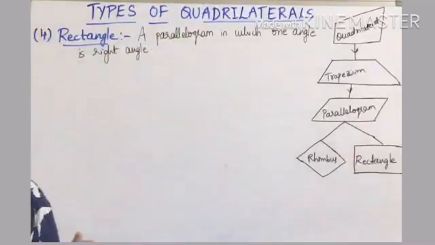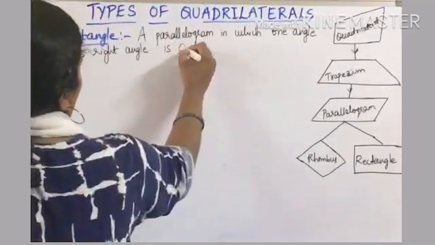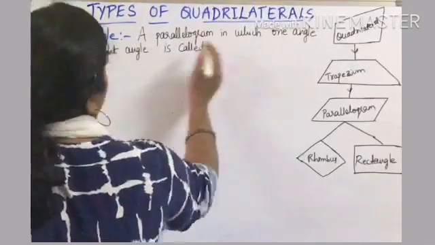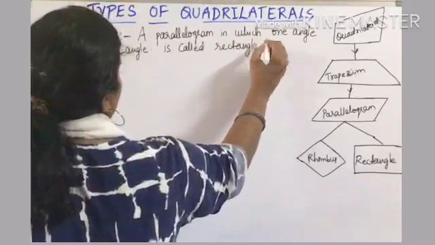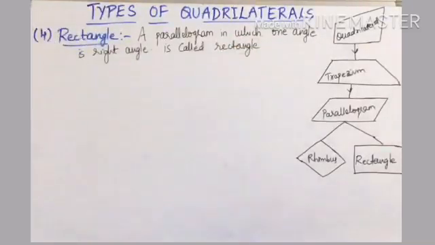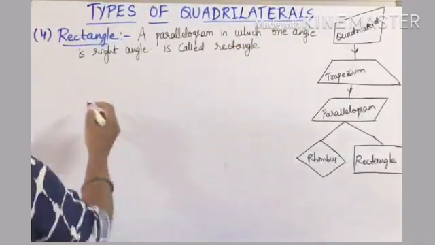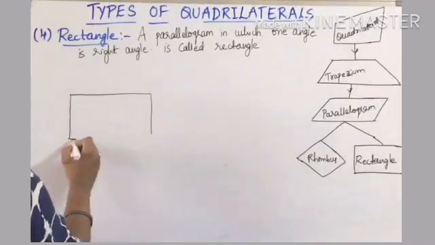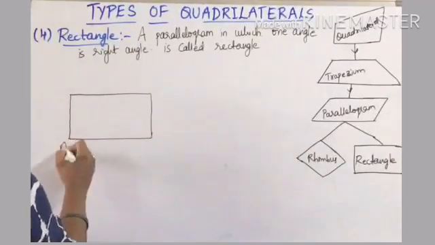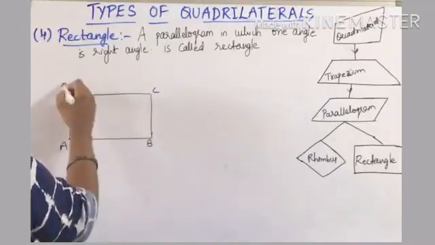Then it forms a rectangle. What is meant by one angle here? So when one angle is 90, all the other angles also become 90. I will show you how. So the rectangle shape is what? This is the shape of rectangle. Suppose A, B, C, D.